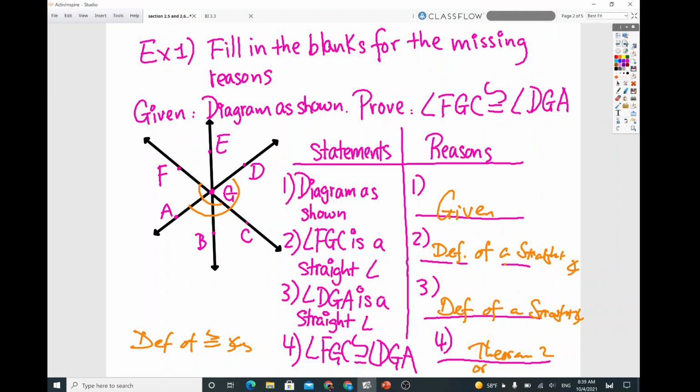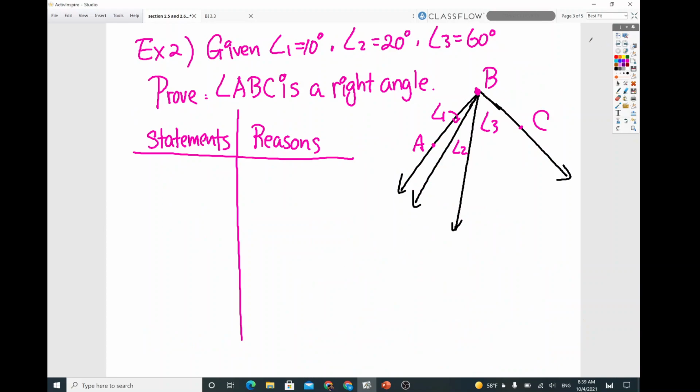Now let's see what else we have for the rest of this. Given that angle 1 is 10 degrees, angle 2 is 20 degrees, and angle 3 is 60 degrees. Prove that angle ABC is a right angle.